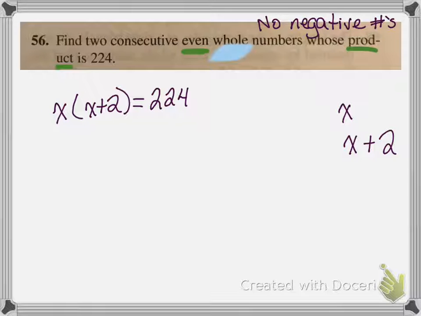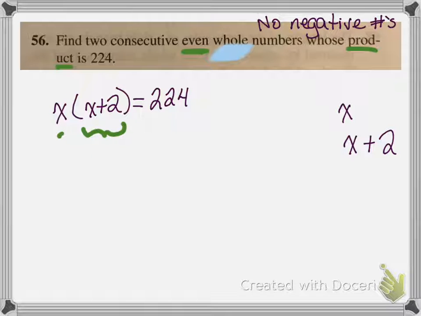That's what I get. So this right here is my first number. This is the next even whole number. This is the product that I get when I multiply those two together.